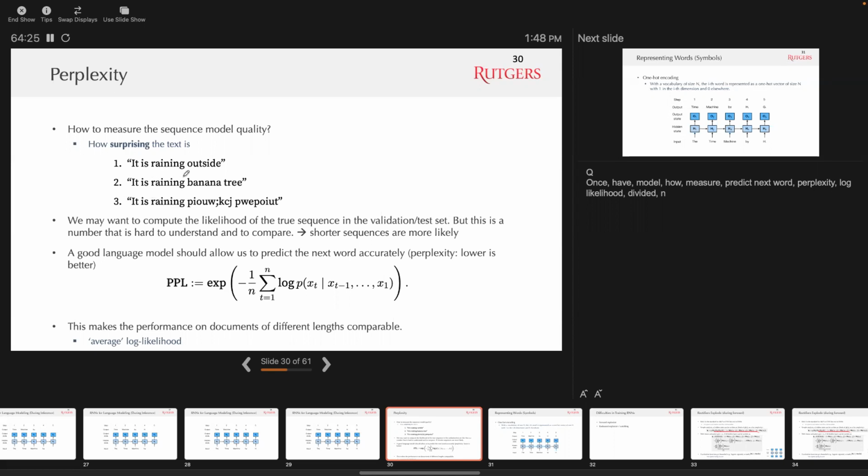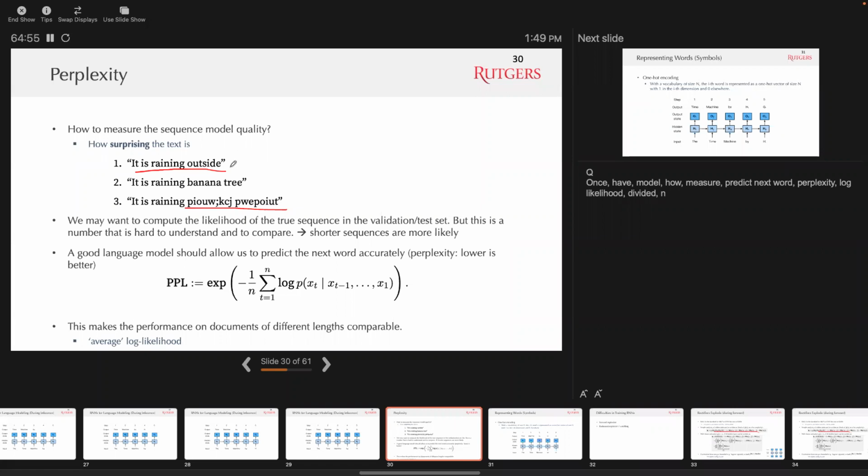If your model is very, very surprised when seeing the unusual text, that means your model is a good model, because this sentence itself is not a normal sentence, so you should be surprised. On the contrary, if your model sees a normal sentence, for example, it's raining outside, then your model should not be too surprised. You should have seen this sentence a lot, right?